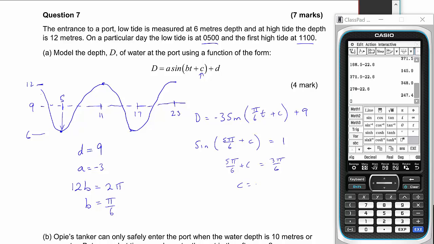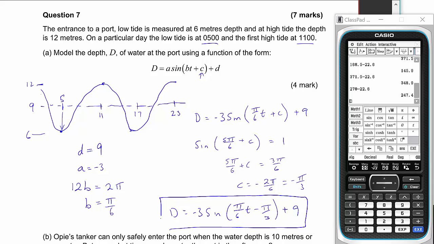So c is going to be -2 pi by 6, which is -pi by 3. So what we've actually got is -3 sine of (pi by 6 t minus pi by 3) plus 9. So that is our modelled function.